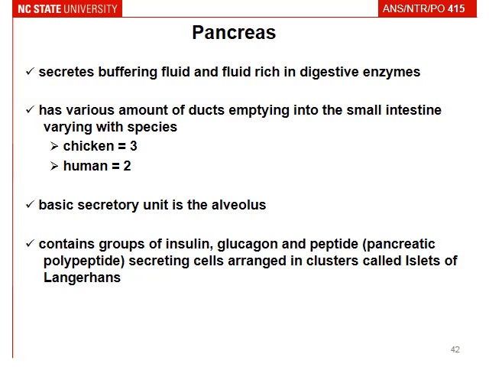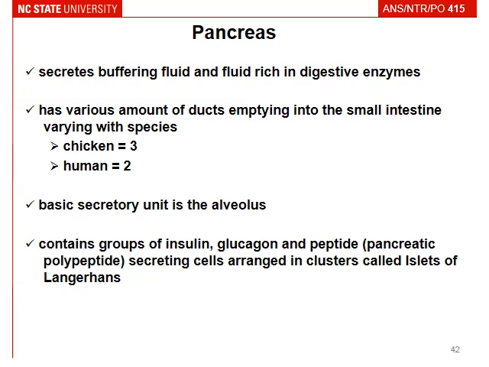So we need to secrete some buffering agents, and it's also very rich in various digestive enzymes. The pancreas has multiple ducts that empty into the small intestine. The chicken, for instance, has 3 ducts that empty into the duodenum, where humans and a lot of other mammals have only 2.